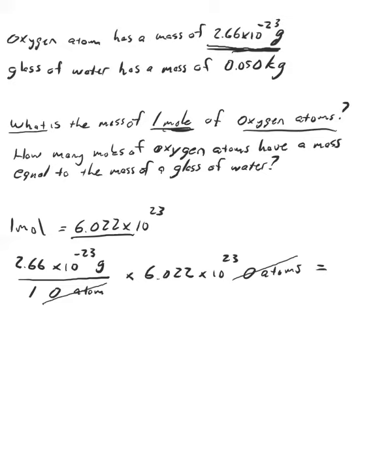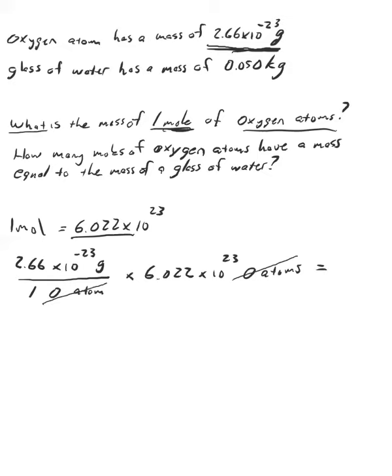Okay. So let's see what this big number is. Well, you got a really, really small number, 10 to the minus 23rd, times a really, really big number, 10 to the positive 23rd. And so the 10 to the minus 23 times the 10 to the plus 23 are actually going to cancel and give you 10 to the 0, which is 1.